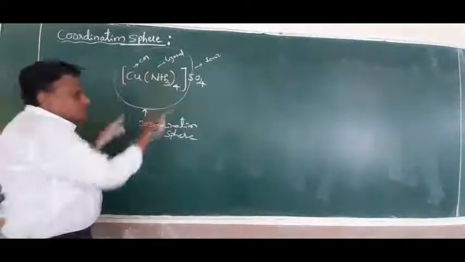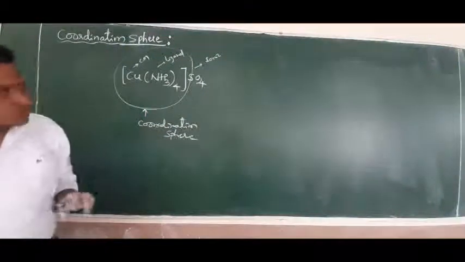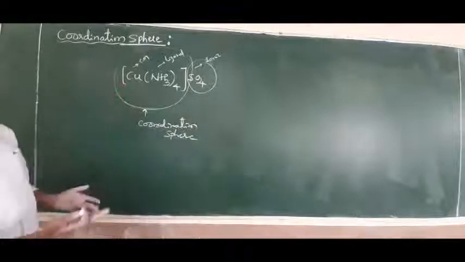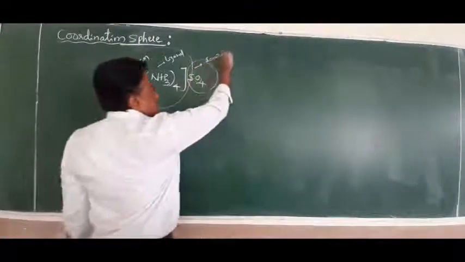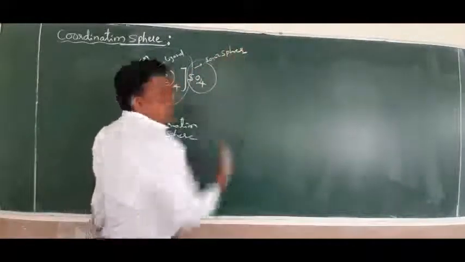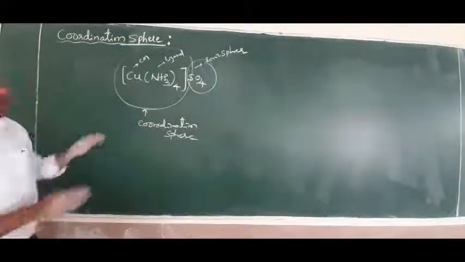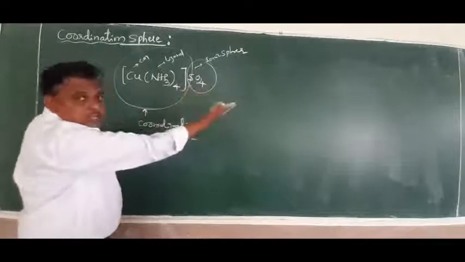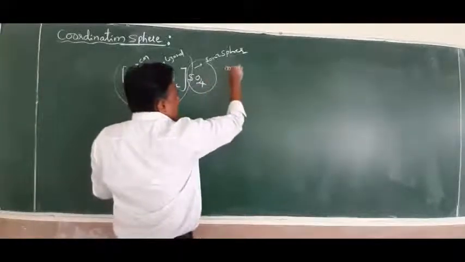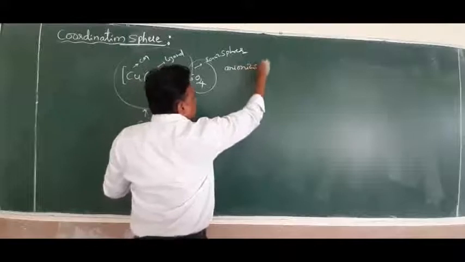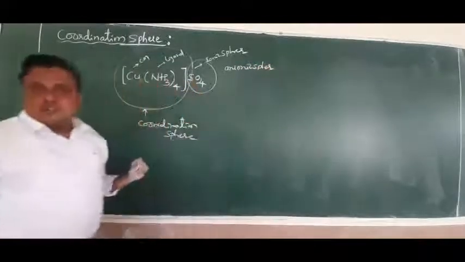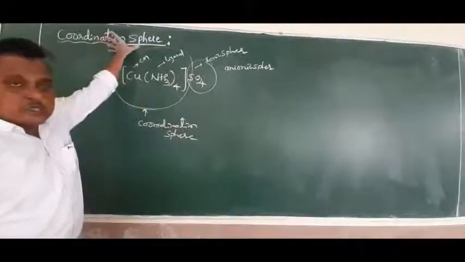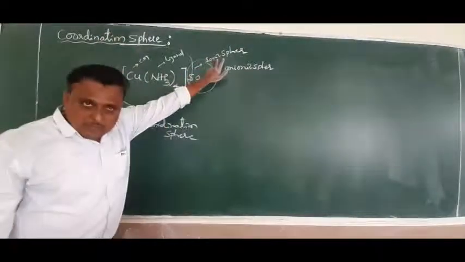Apart from the coordination sphere, that is, outside the square bracket, is the ionic sphere.